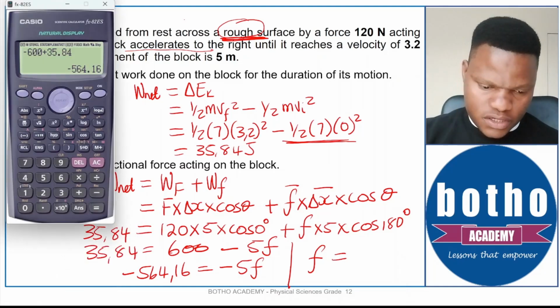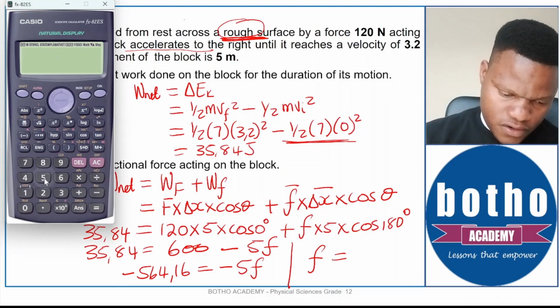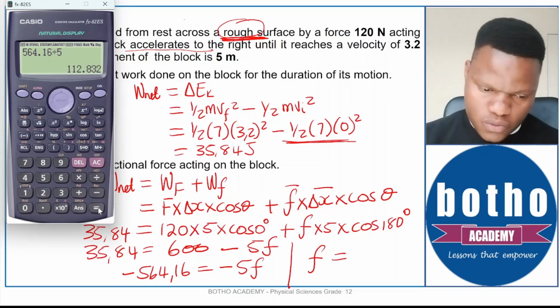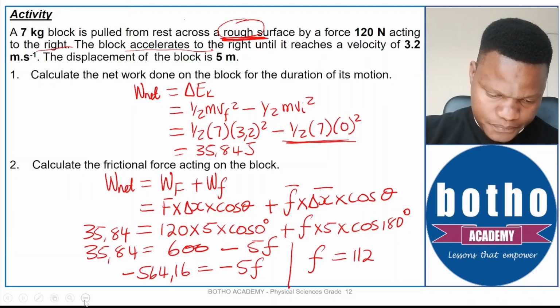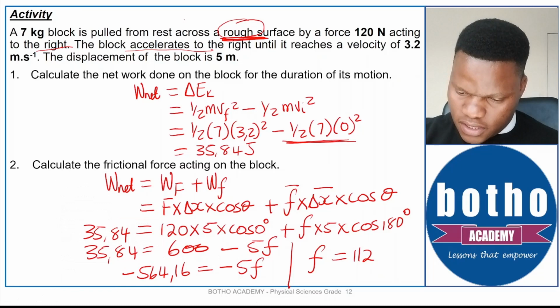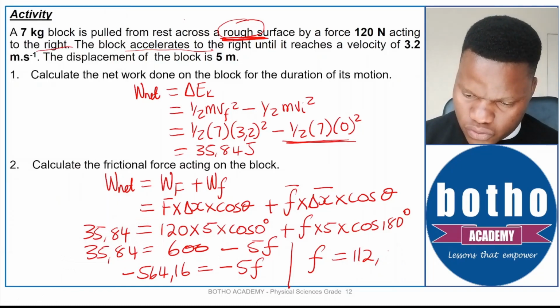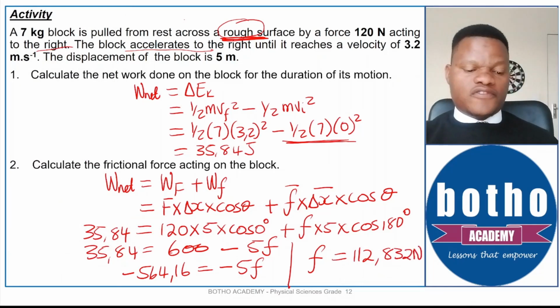So 564,16 divided by 5 gives us the answer 112,832 newtons. This will be the frictional force.